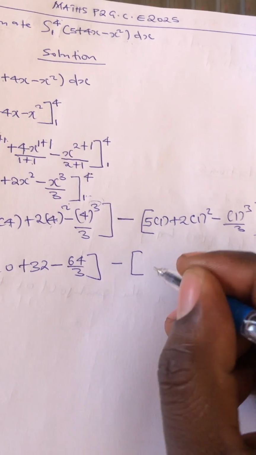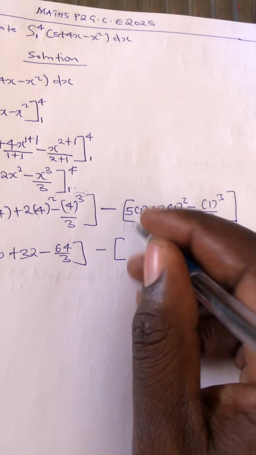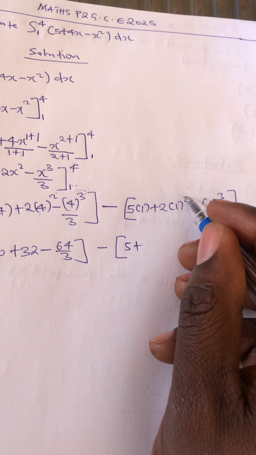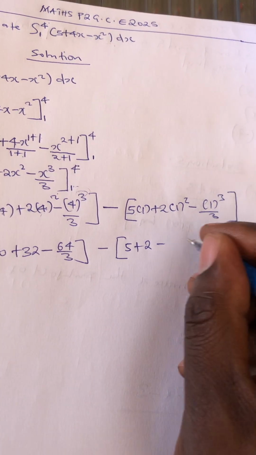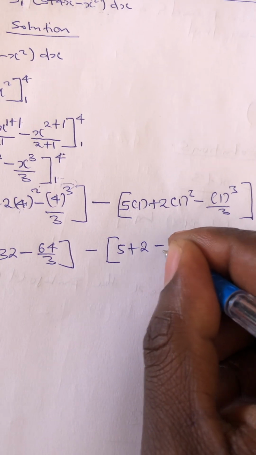Then we have 5 plus 2 times 1 to the power 2, which is 2, minus 1 to the power 3, which is 1 over 3.